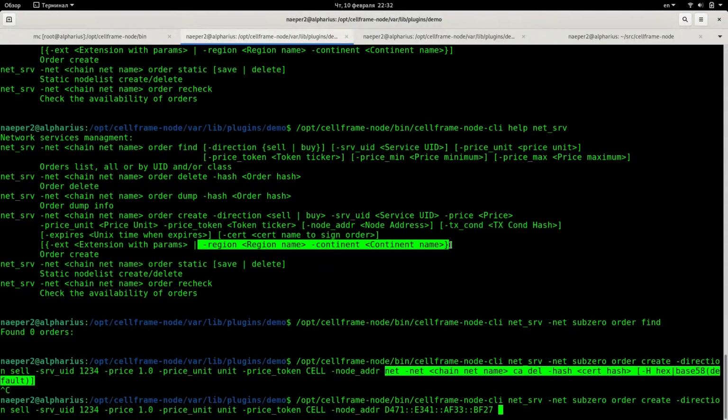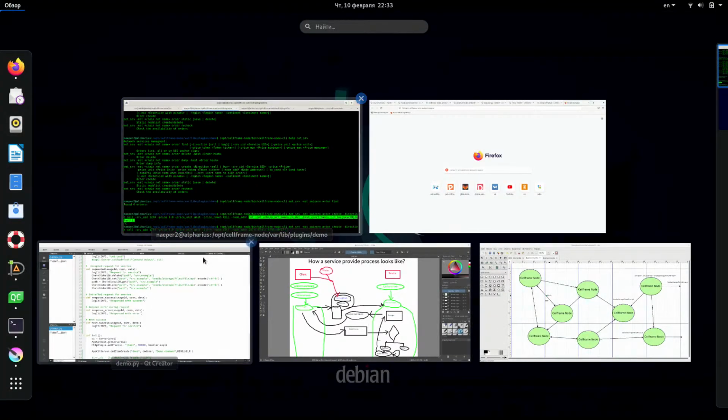This is, forget it, it's deprecated. Extension as well. Right now, all the orders are with extension, and extension has built-in signature. So I think that's enough.